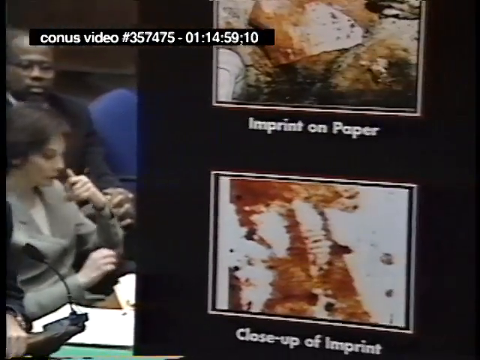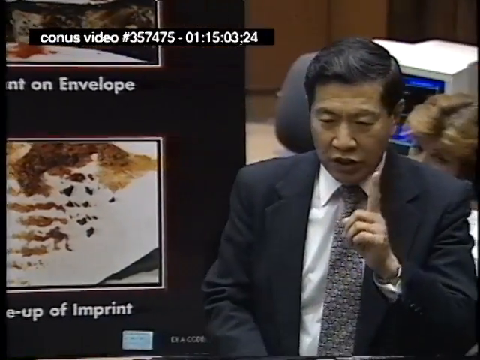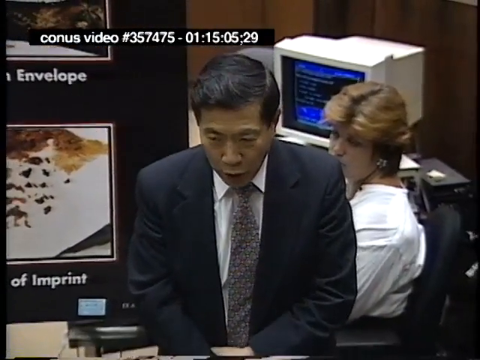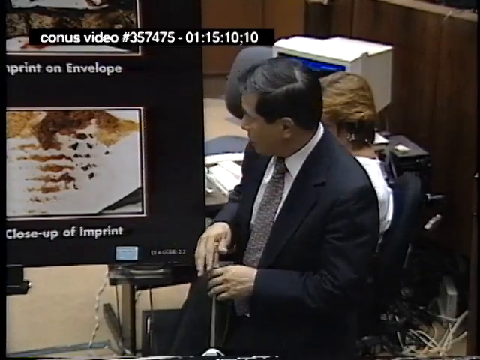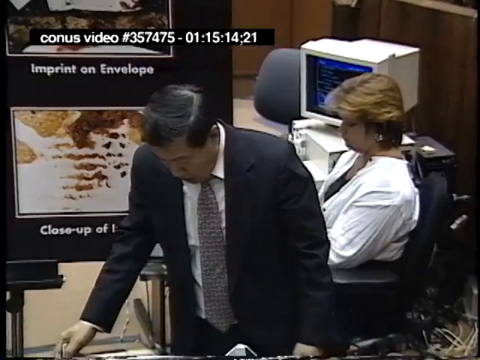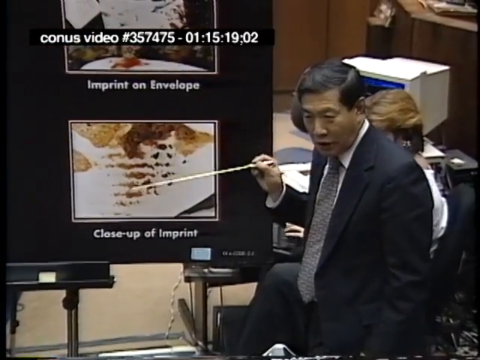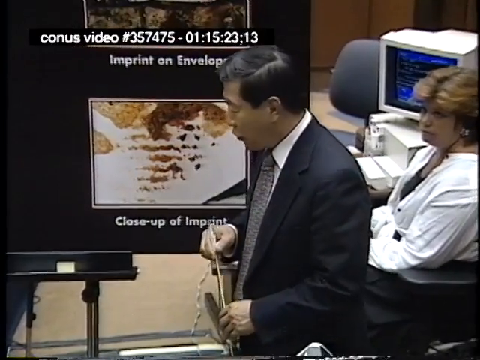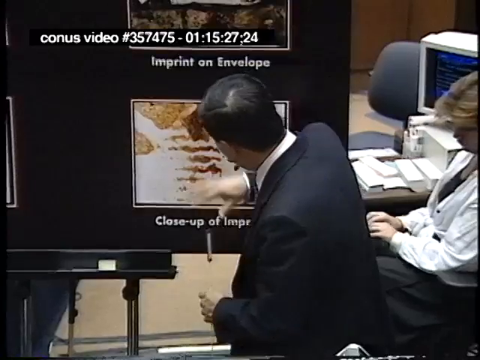Could you please explain that answer to the jury? In order to get this transfer, first thing, the surface has to have liquid blood, a pattern. And the amount has to be just right. Something has to have a similar pattern, which has to apply to the surface with certain pressure.